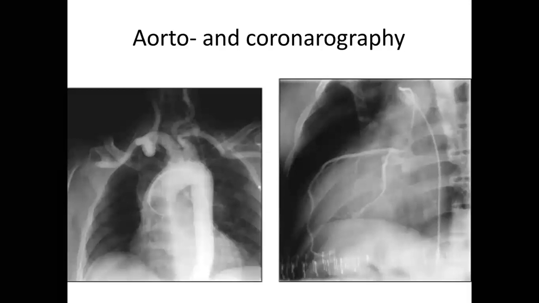These are some specific techniques. This is aortography and this is coronarography. Both use catheters, since we administer contrast to the left heart. We administer through the femoral artery in this case. And you can see this catheter in the projection of the bulb of the aorta, and we can see the arch, we can see the right, I forgot how this artery is named in English, so please forgive me, that was a long day.